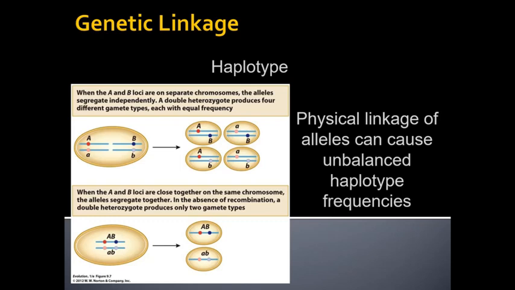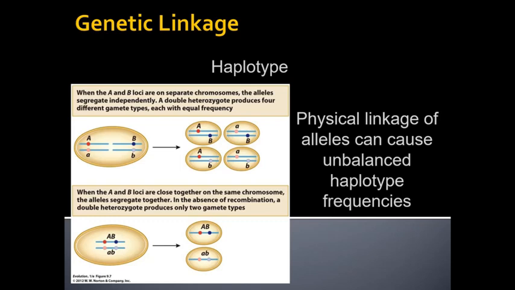Now, let's go back to that issue that we talked about, genetic linkage. I'm going to introduce one more word here that you need to know, a haplotype. A haplotype is basically like an allele, but it extends the definition of allele to things that don't have an impact on phenotype. A strict definition of allele is a variant of a gene that has some sort of phenotypic difference. A haplotype is any variant at all.